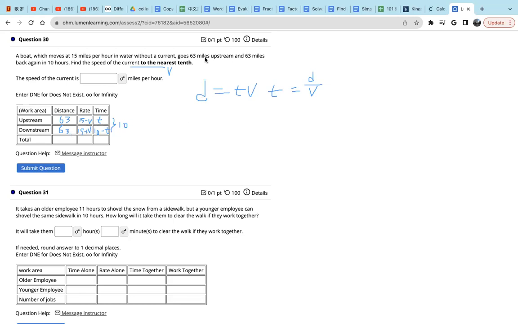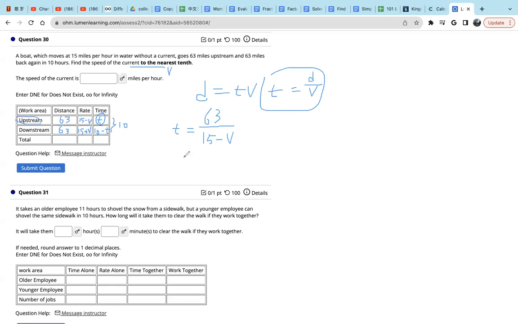Now let's set up equations. I see this, I have T only, so this might be easier. Maybe I use this one. So T equals 63 divided by 15 minus V. That's from the upstream.